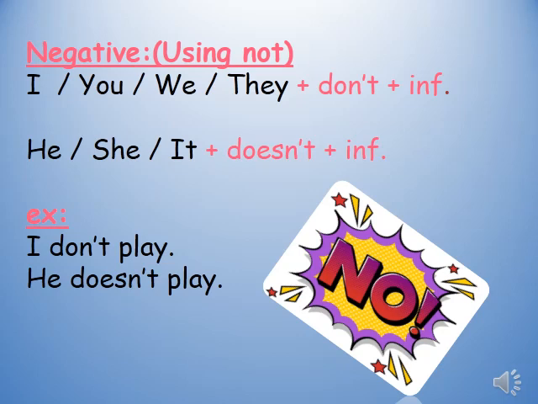And remember, all the time, after don't and doesn't, I use the infinitive. For example, I don't play, or he doesn't play. After don't and doesn't, I use the infinitive, the verb as it is. This is the negative of present simple.